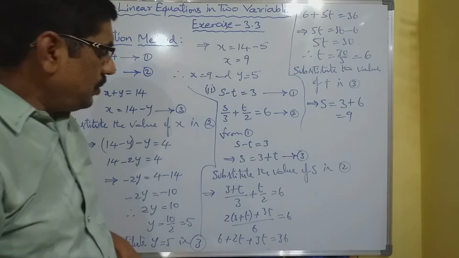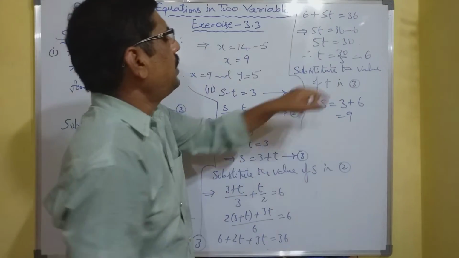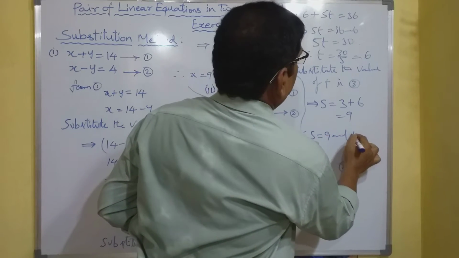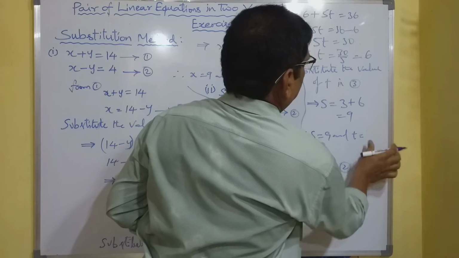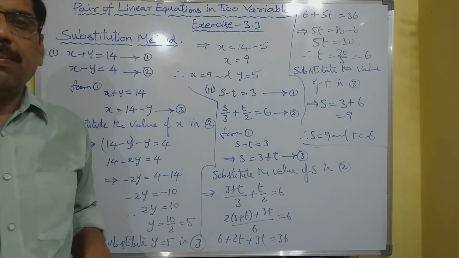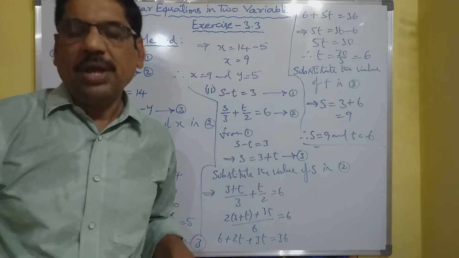We got the two values, the s value and the t value. Therefore s is equal to 9 and t is equal to 6. This is the solution for the given pair of linear equations.